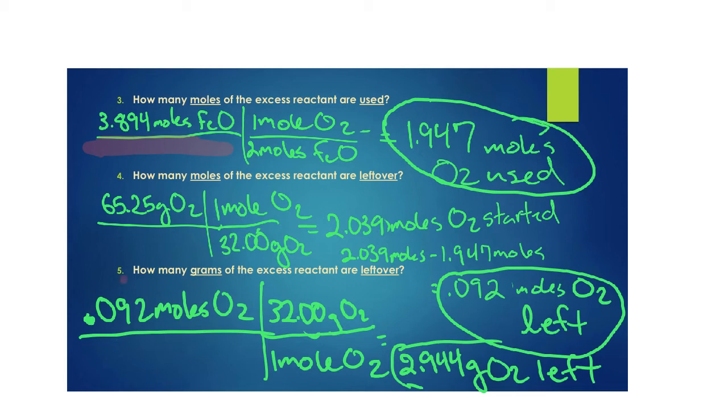And then finally, the very last question is just a simple conversion back into grams of oxygen. So hopefully this is making a little bit of sense. Some practice is really going to help solidify this topic. Before we're done, though, we're going to go into one more topic, which is more applicable to some of the labs. So stay tuned for the next couple slides.